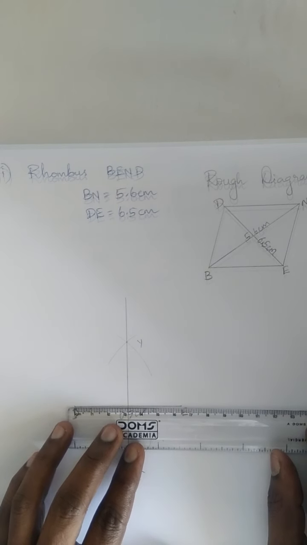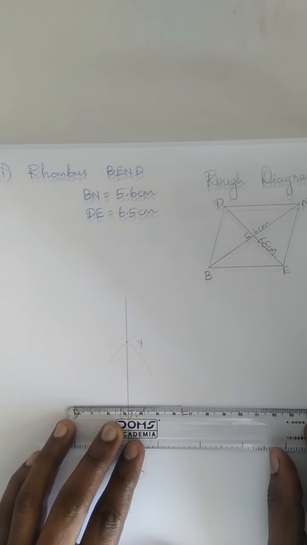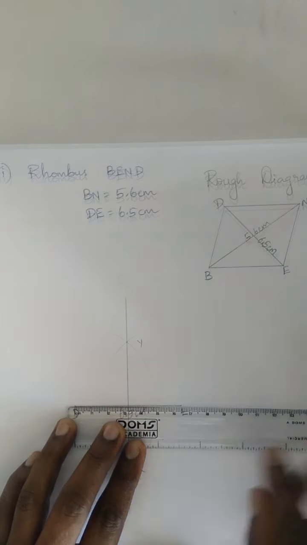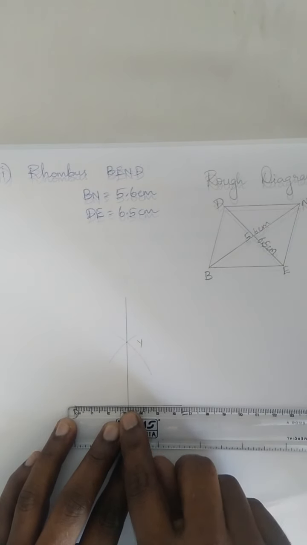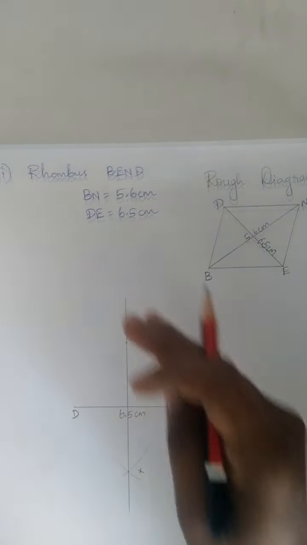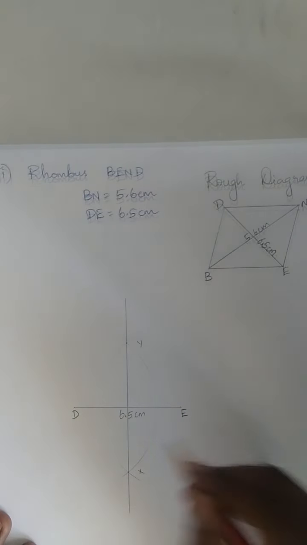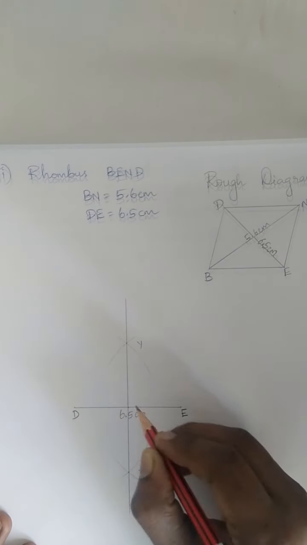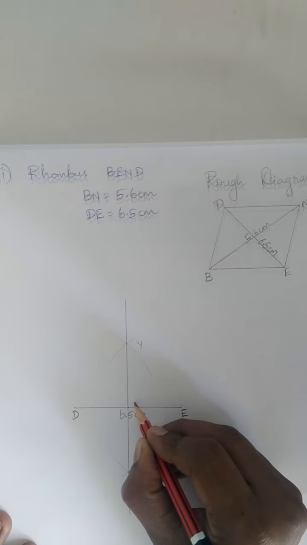You can measure and see, half of 6.5 is 3.25, exactly coming. So now this is the perpendicular bisector, and let's name the meeting point of these bisectors O.